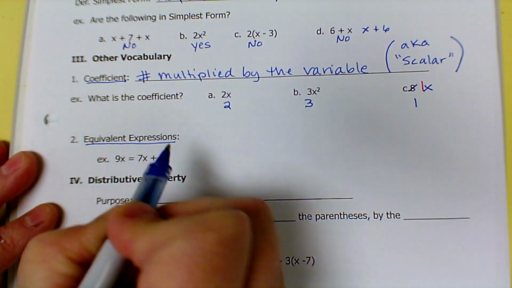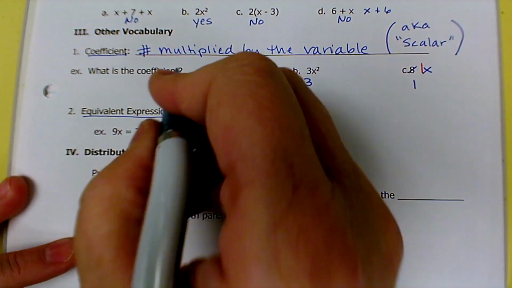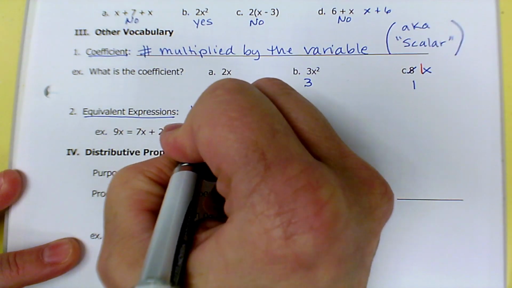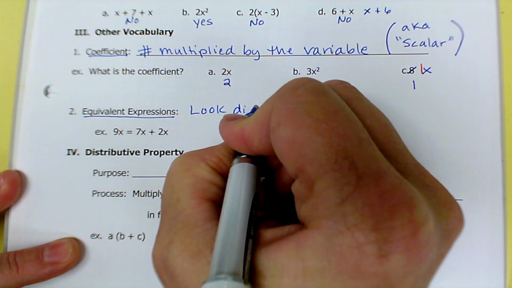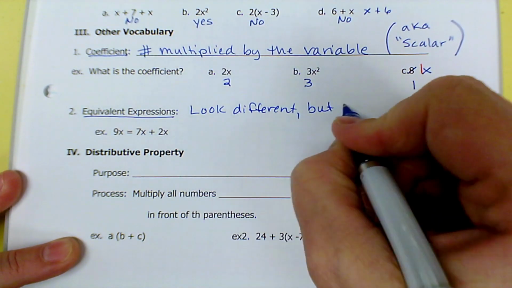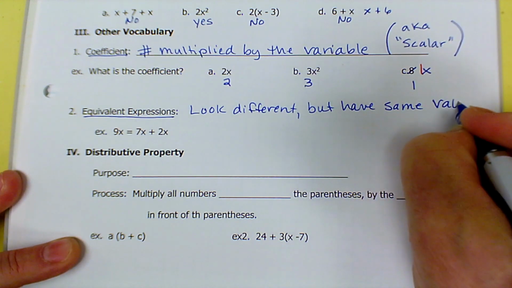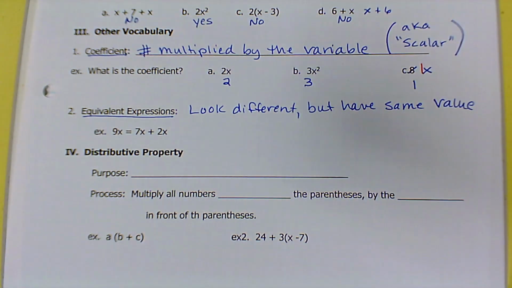Word number 2, equivalent expressions. Basically, they're two expressions that look different, but have the same value. They look different, but they have the same value. So equivalent coins, 4 quarters is equivalent to 10 dimes.